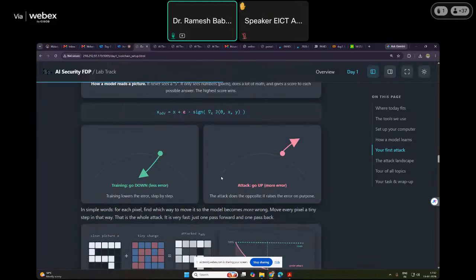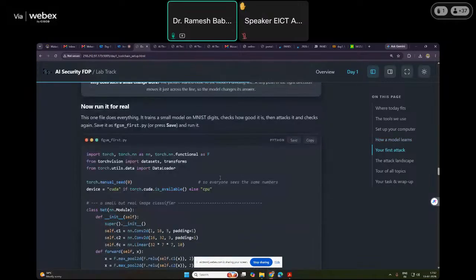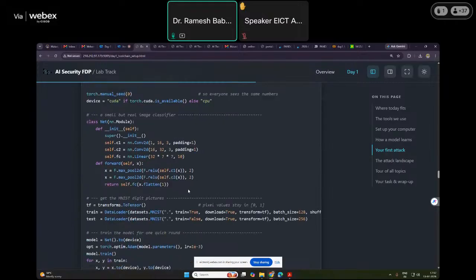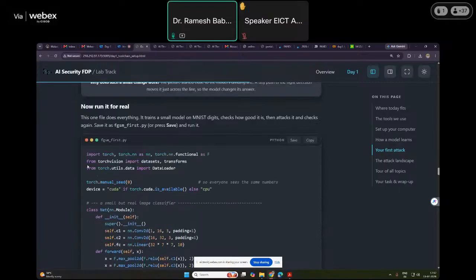Now let's move on to the code implementation. I have this very basic code to implement this entire attack. First I will give you a brief on all the components of this code one by one. Here you can see we are importing all the important libraries, data sets and everything.